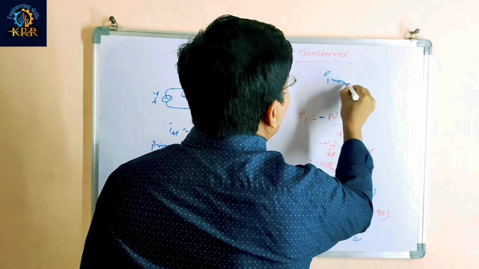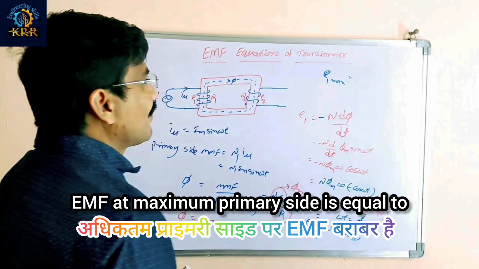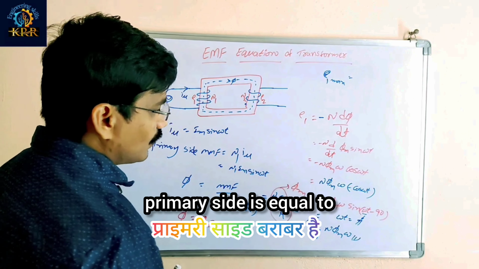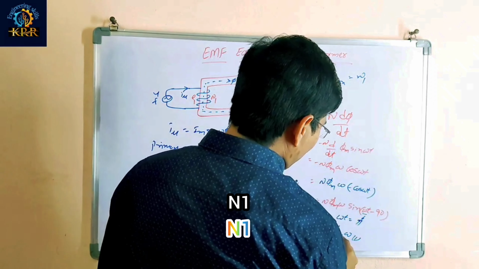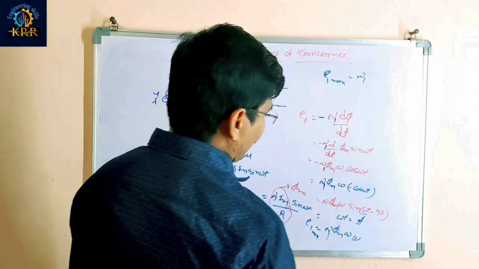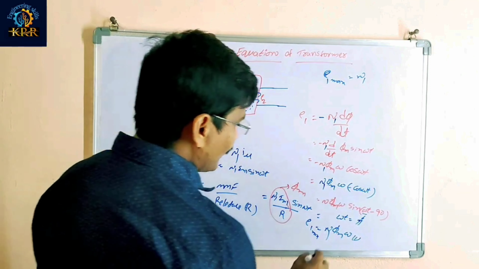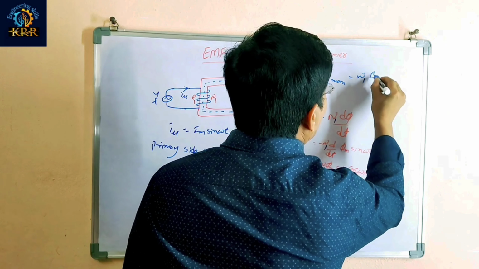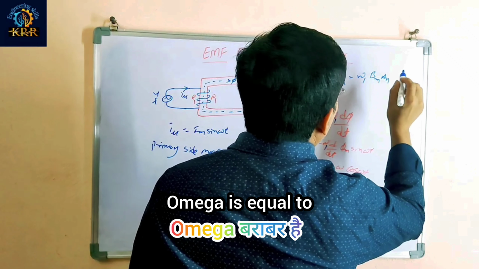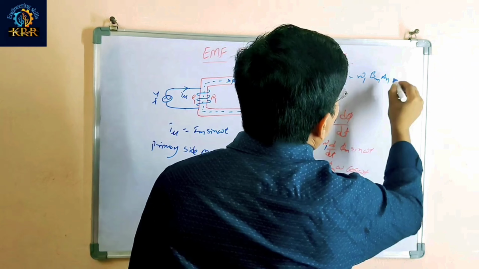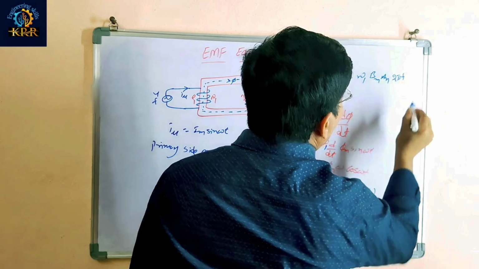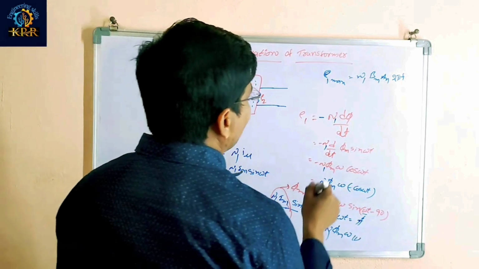The EMF at maximum on the primary side is equal to N1 phi m omega. Now we are calculating the primary side. Here phi m is equal to Bm into An, and omega is equal to 2 pi f.